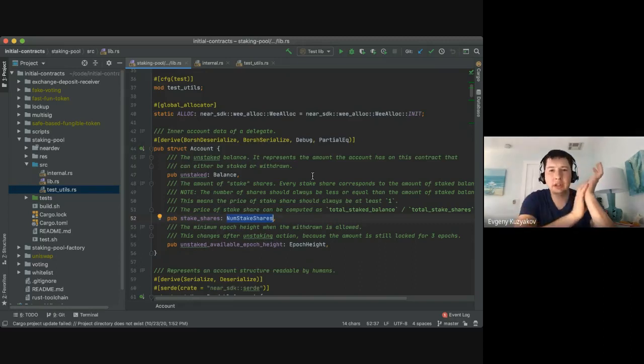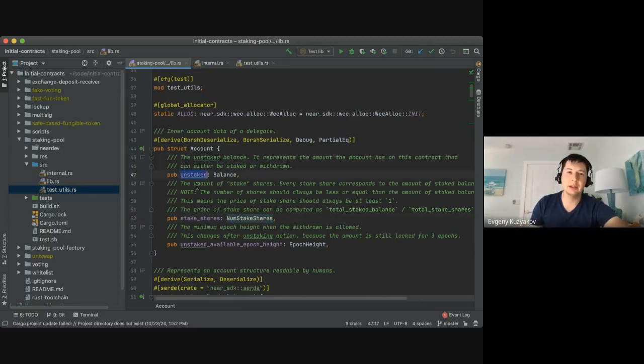Stake share is a concept that was added to this particular staking pool. The way it works is when you stake, you essentially mint new shares at the current price by converting your unstaked balance into stake shares. The stake share price originally is 1, but over time it grows with rewards.